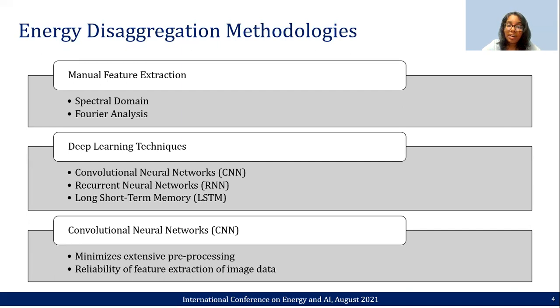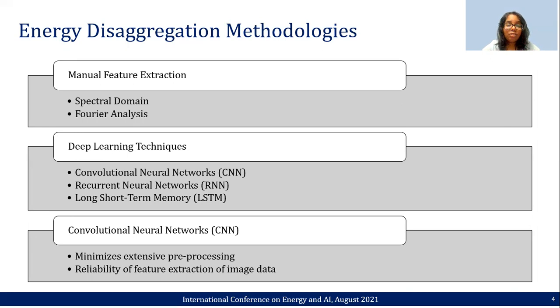However, with the increased availability of computer resources such as graphical processing units and the increased availability of reliable and well-organized energy datasets, deep learning techniques, which includes convolutional neural networks, recurrent neural networks, and LSTMs, or long short-term memory networks, have been implemented.